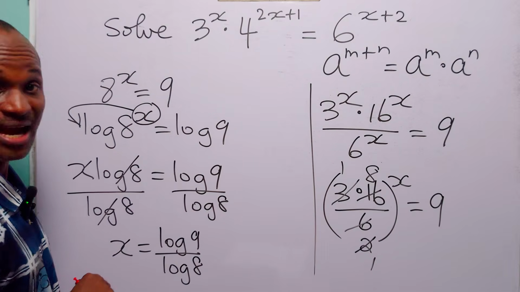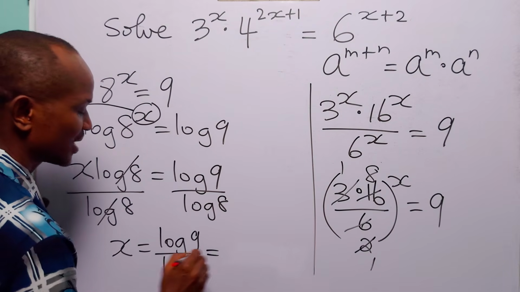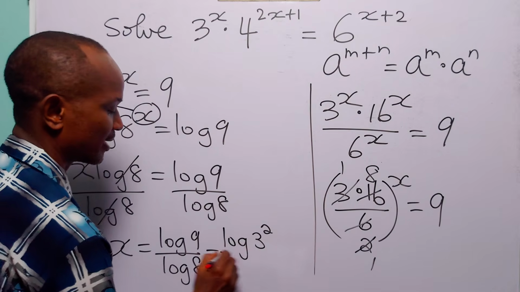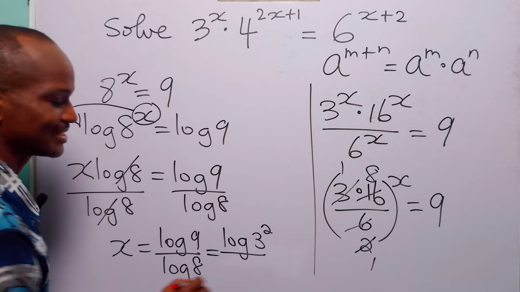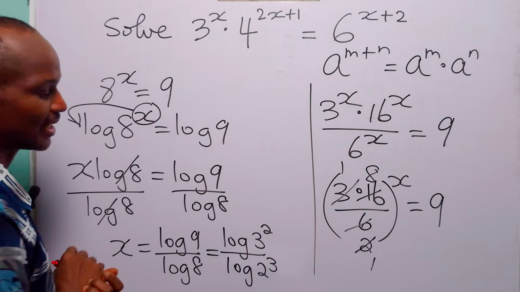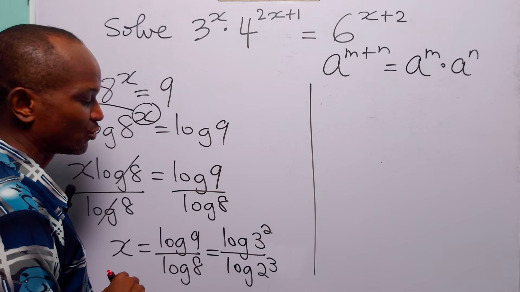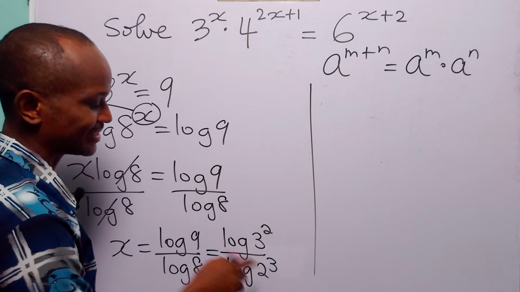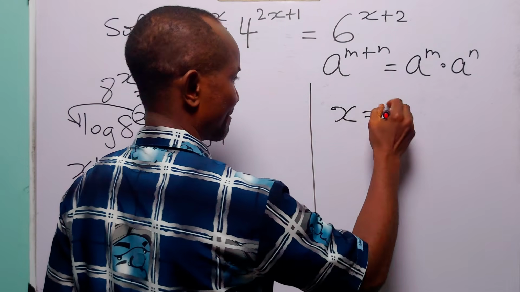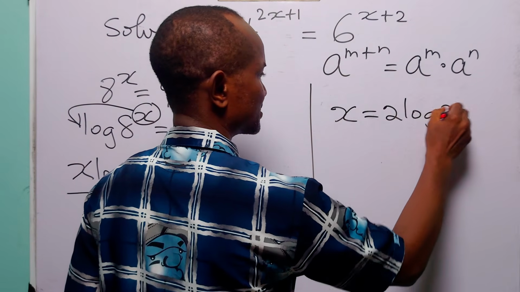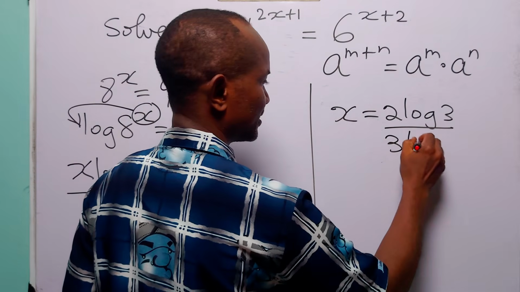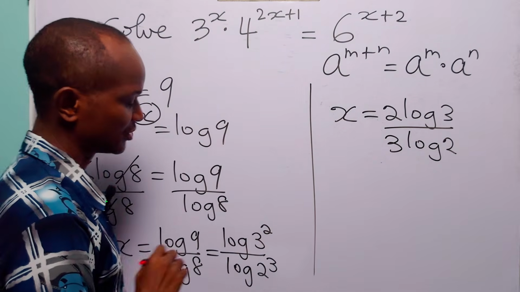Now, we can simplify this answer. Of course, you know that 9 is the same as 3 squared, and 8 is the same as 2 to the power 3. Applying the power rule to both the numerator and the denominator, we can write this as 2 times log 3 divided by 3 times log 2.